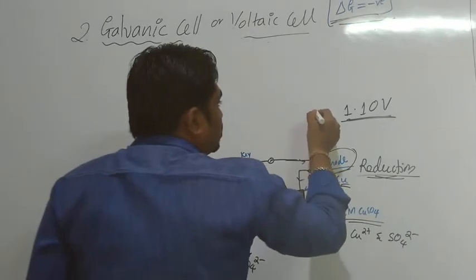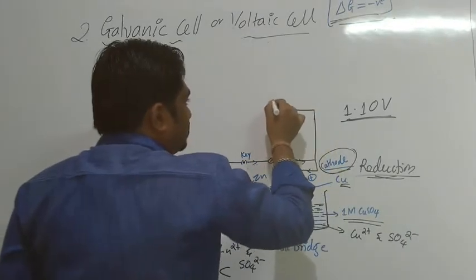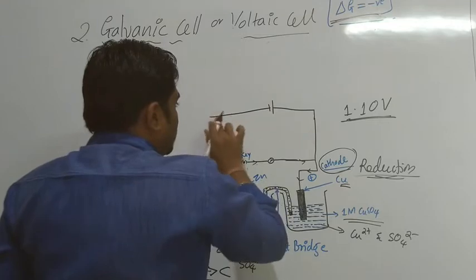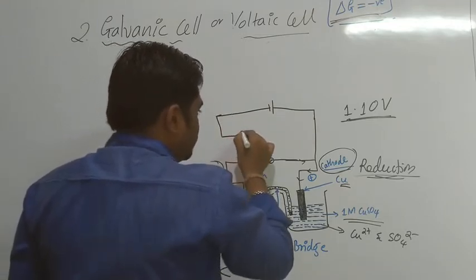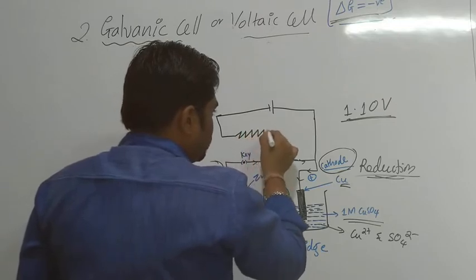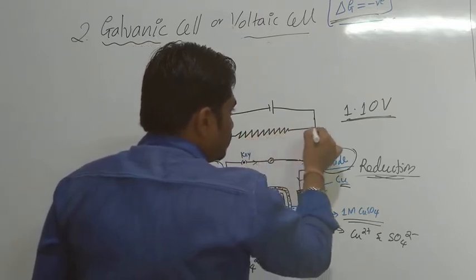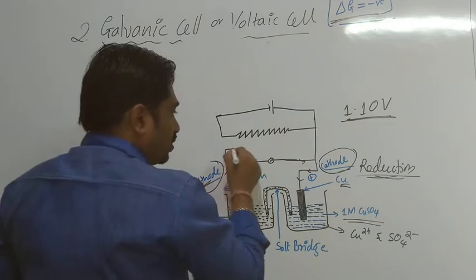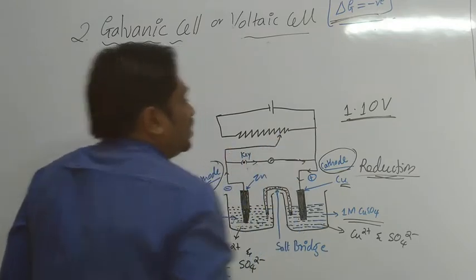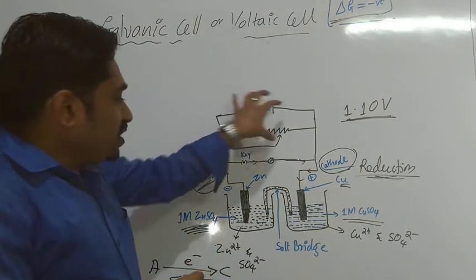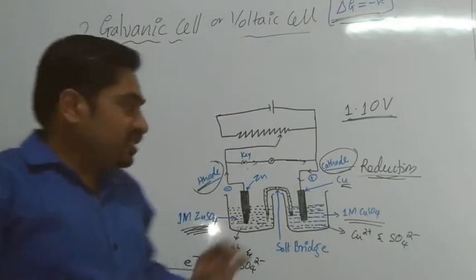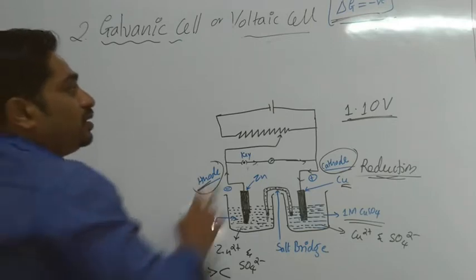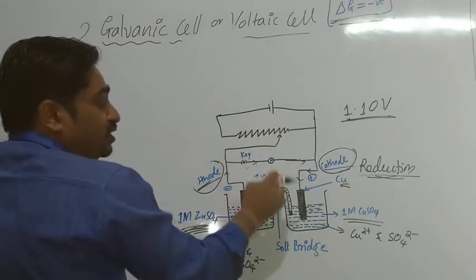And now I will place the external battery, the external current source, here. Now I have placed the external current source in this chemical reaction, and I am adding external current to this circuit.